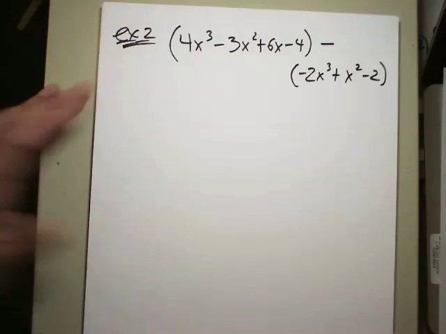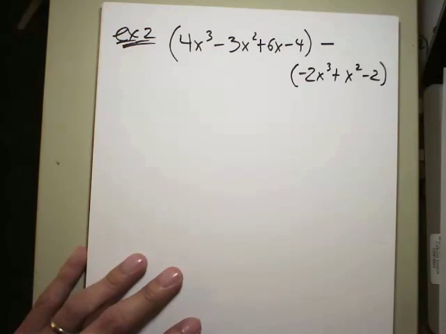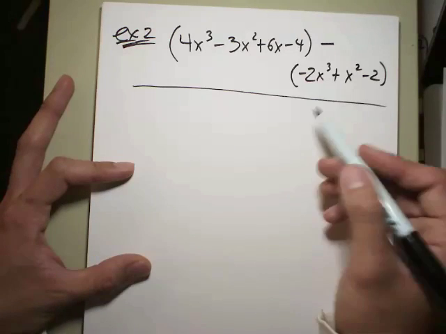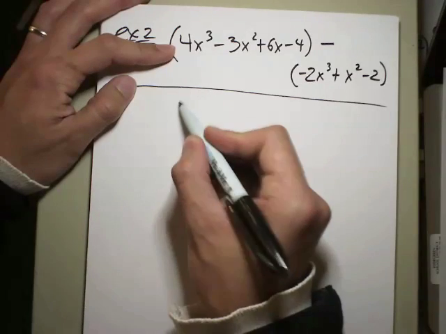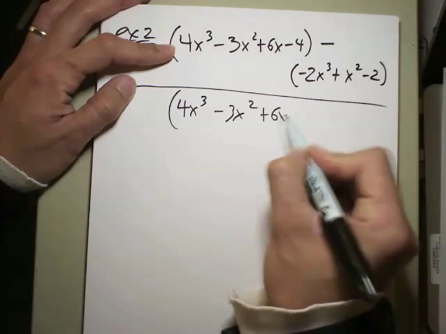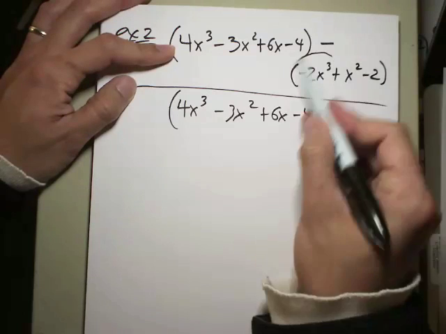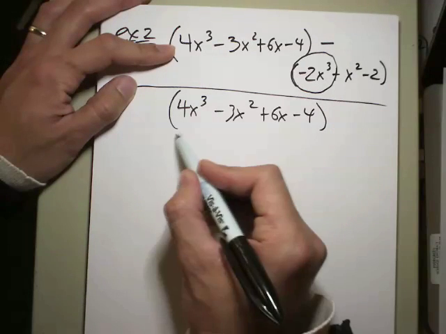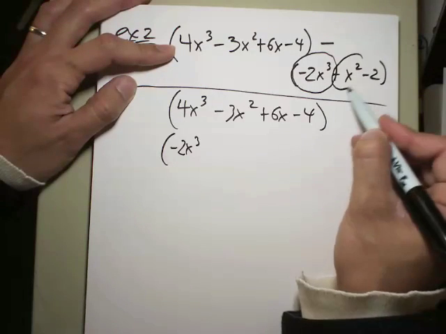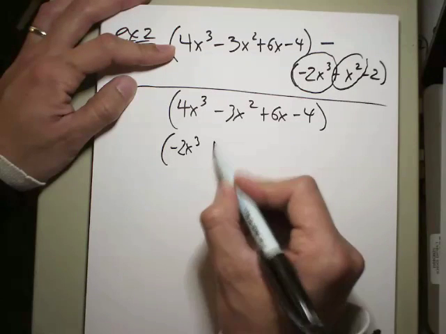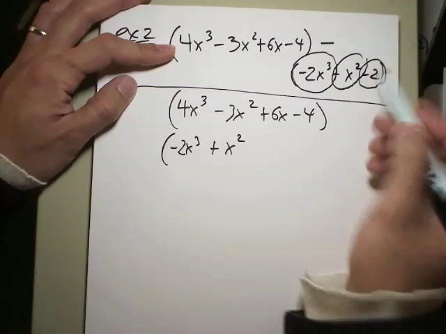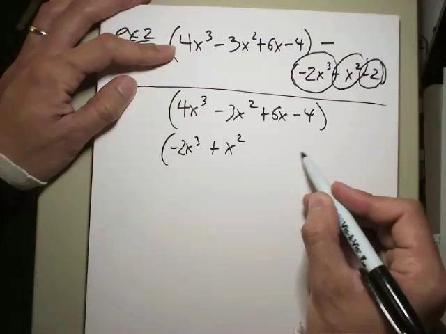Now it's a subtraction case of polynomials, and like what I did before, I make sure I line up each column. 4x to the third minus 3x squared plus 6x minus 4. I have here negative 2x to the third, so I'm lining that up with the x to the third column. I have here the x squared, so I'm lining that up with the x squared column. And notice this is a constant, so I have to line it up with the constant column.